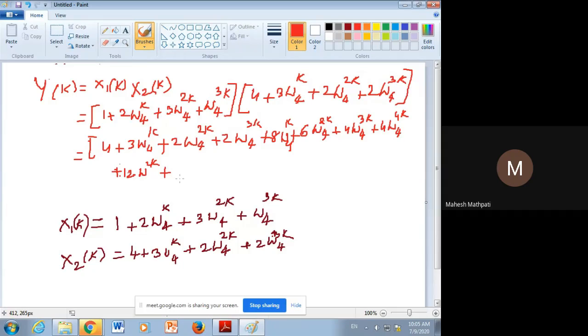The next, 3 into 3, 9, W to the power 3K, plus 3 into 2, 6, W4 to the power 4K, plus 3 into 2, 6, W to the power 5K, right? Plus, what will I write last? So it is 4 into W to the power 3K.